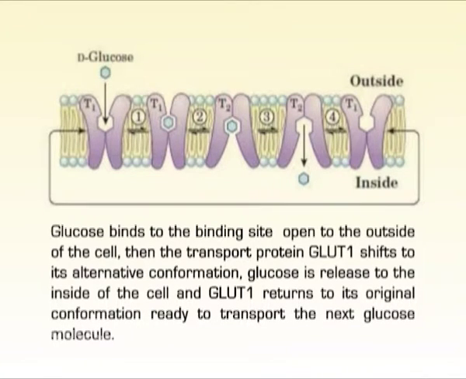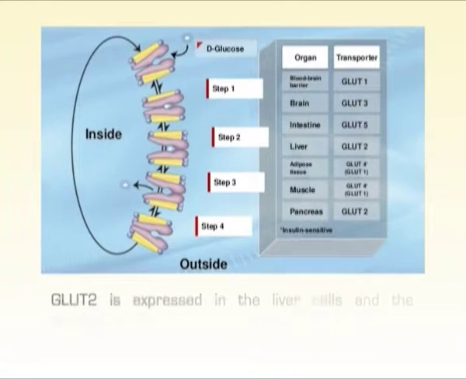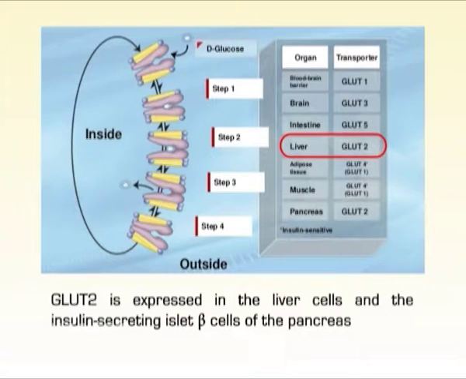Then the transport protein GLUT1 shifts to its alternative conformation. Glucose is released to the inside of the cell and GLUT1 protein returns to its original conformation, ready to transport the next glucose molecule.